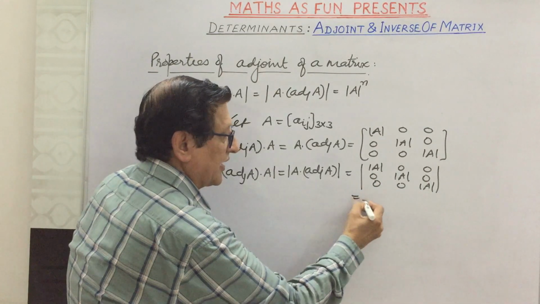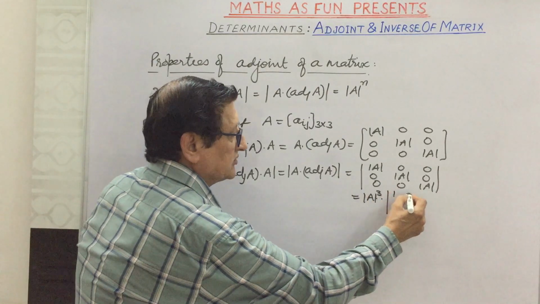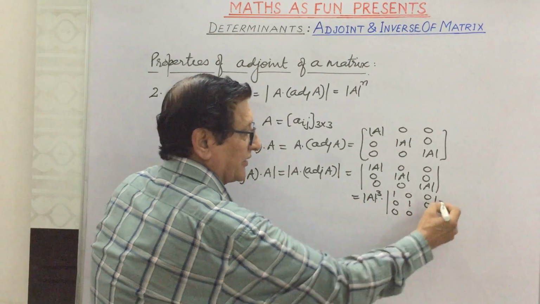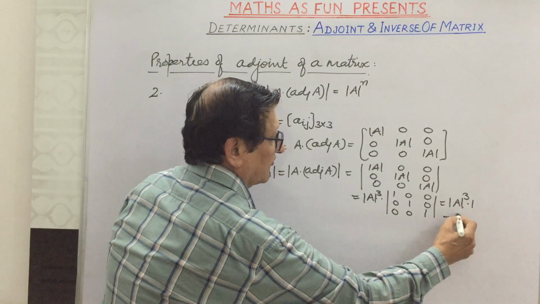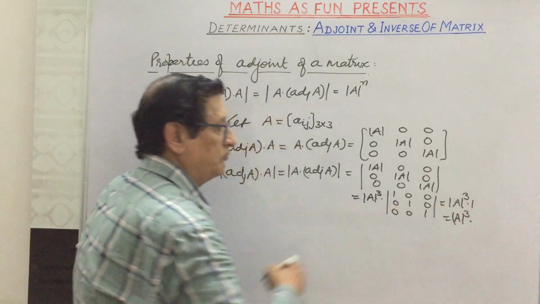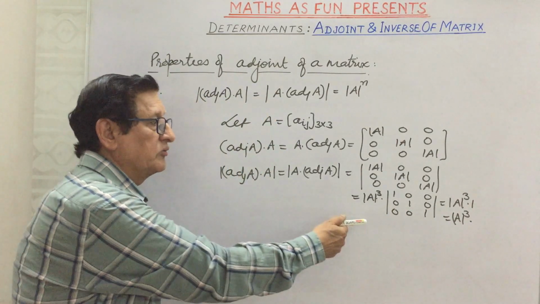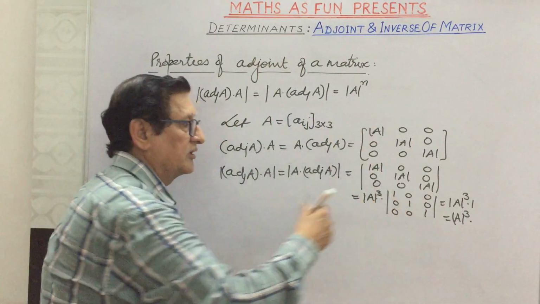So will it come as determinant A cube into 1 0 0 0 1 0 0 0 1? And that is equal to determinant A cube into 1, or we can say determinant A cube. It means for order n into n, the value of this will be nth power of determinant A.